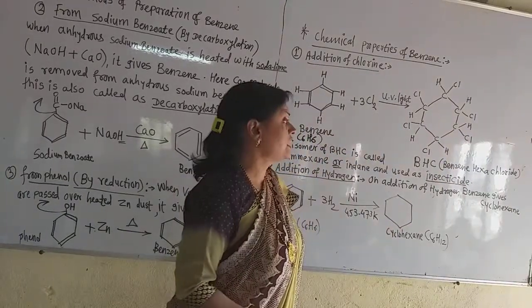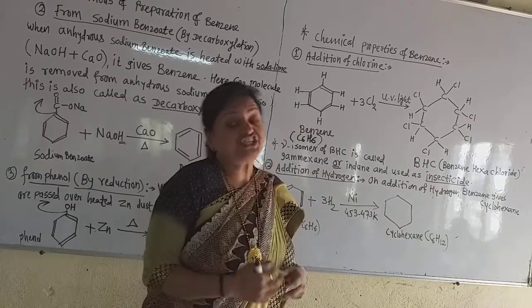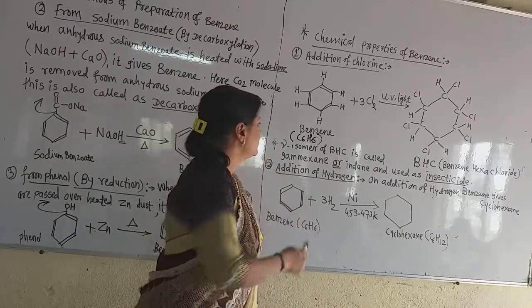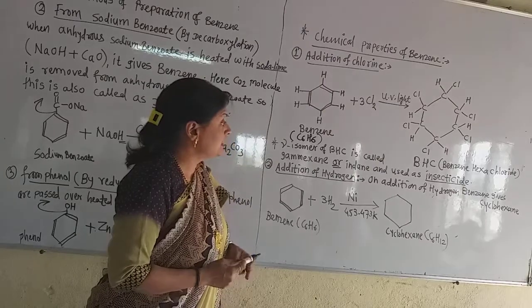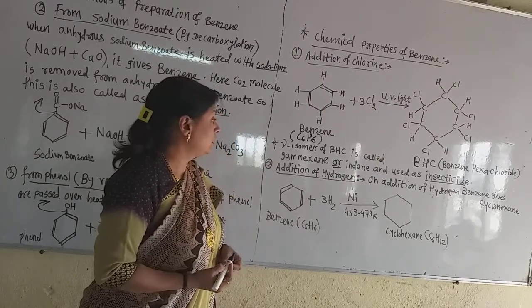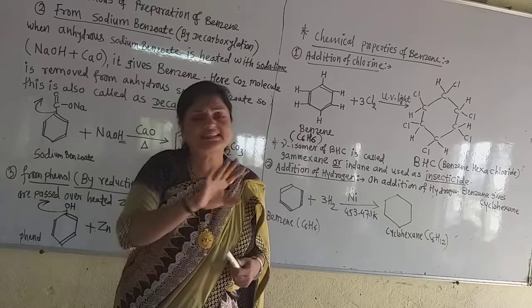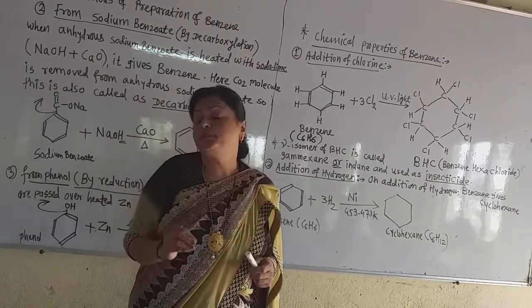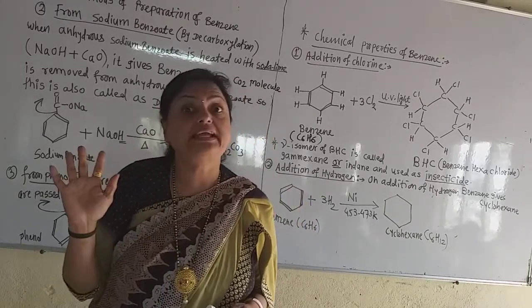So this compound is called benzene hexachloride or BHC, which is a very good insecticide. That means the gamma isomer of this BHC is called lindane or gammexane, which is an insecticide. But nowadays this insecticide is not used for killing insects, because there is no degradation of this BHC powder.